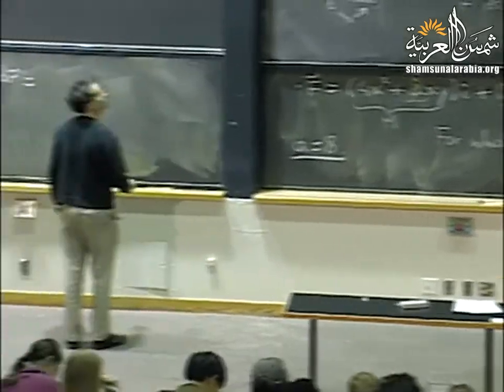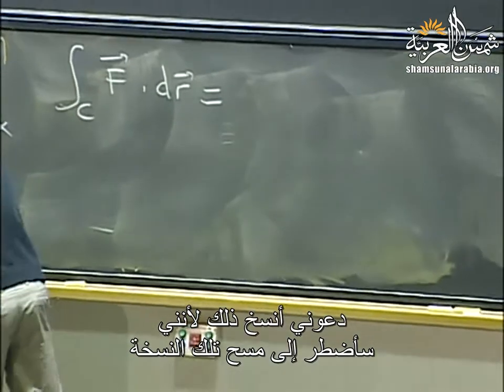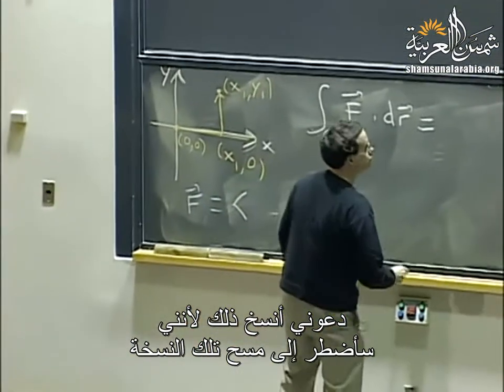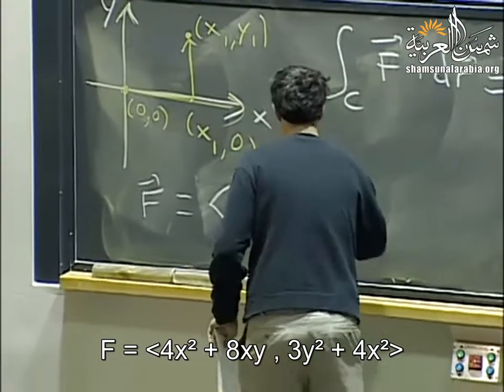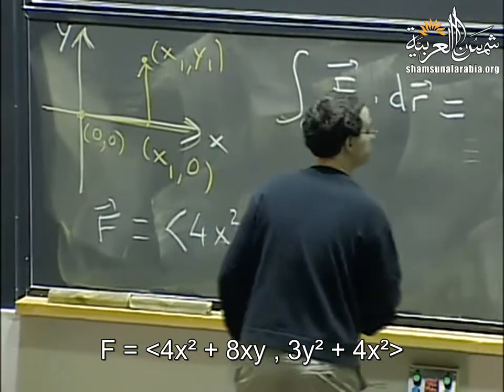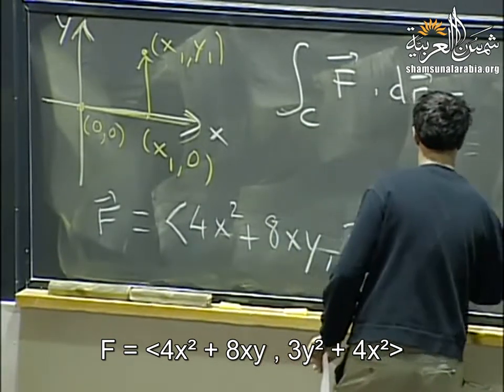Here, let me copy it because I'll have to erase at some point. So it's 4x squared plus 8xy and 3y squared plus 4x squared.